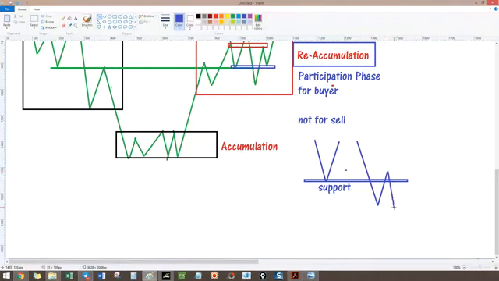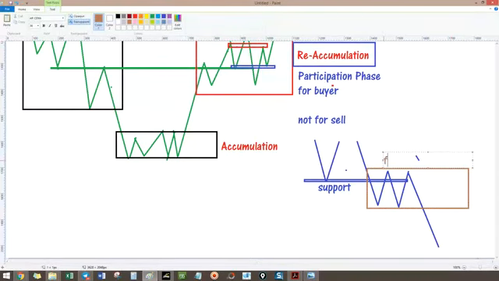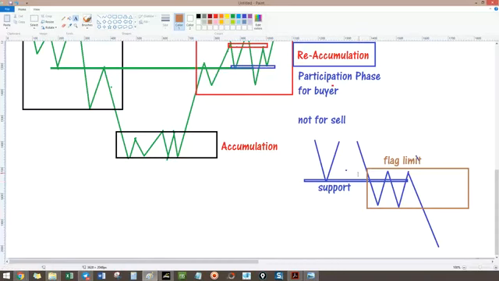For example, the break of this is called flag limit. It's not a structure, it's just the base that is created by the breaking of support.